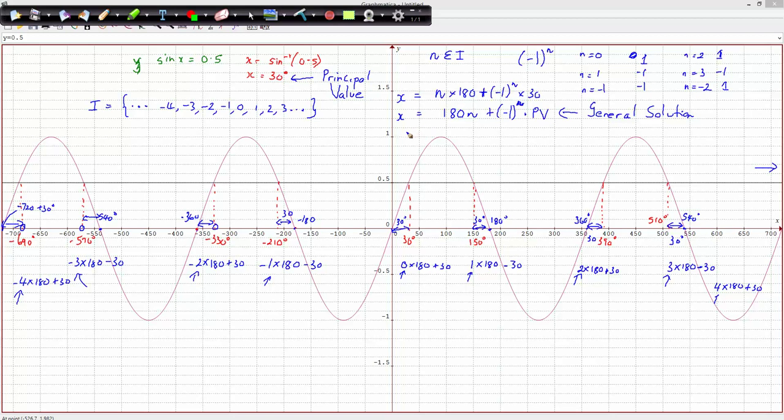With the 30 degrees in it, in this particular case, times 30 degrees. Or if we were doing this in radians, which often we are, convert the PV to radians and we end up with times pi over 6.